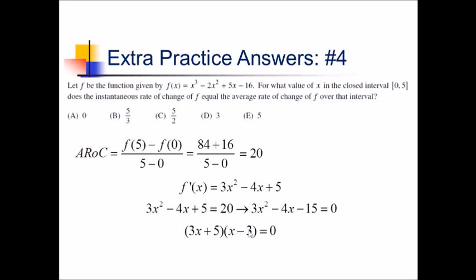So this actually works out. Hey, I was lucky on my first try. Good for me. So now setting these equal to 0 and solving, we've got minus 5 over 3 and positive 3 as answers. Now they said the interval was from 0 to 5. So that means that negative 5/3 doesn't count. It's only the 3 we're interested in, giving us answer choice D.